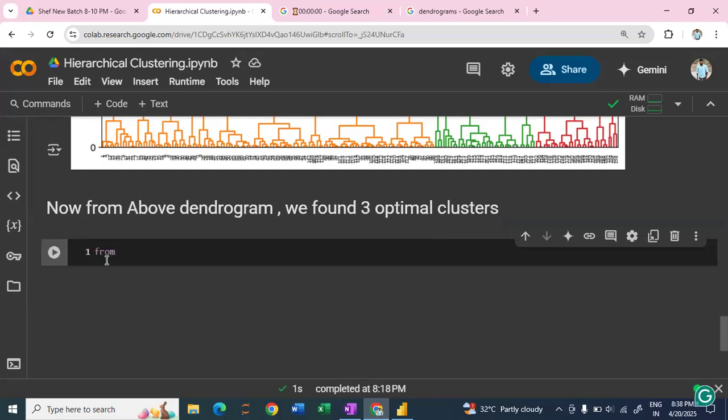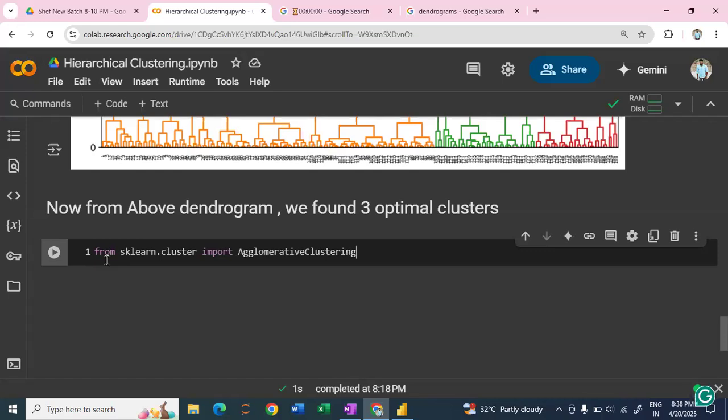So from sklearn.cluster import AgglomerativeClustering.